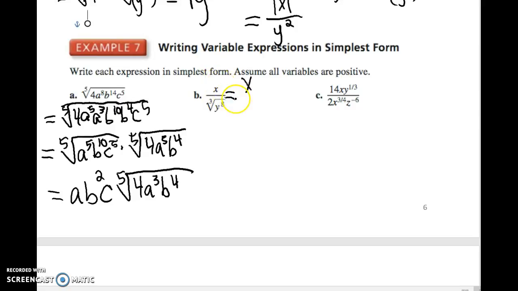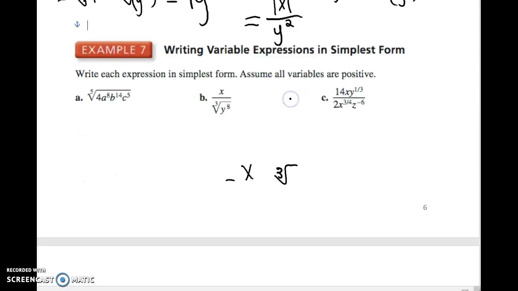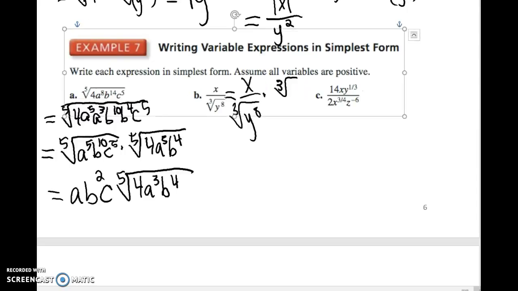So part B, we want to multiply the top and the bottom by the cube root of y so that we can simplify and get rid of this cube root in the denominator. So cube root of y over cube root of y.